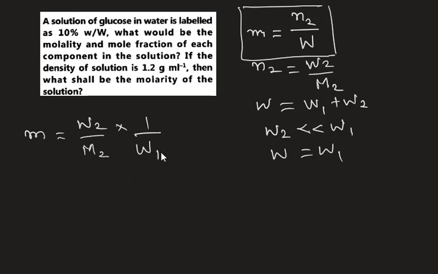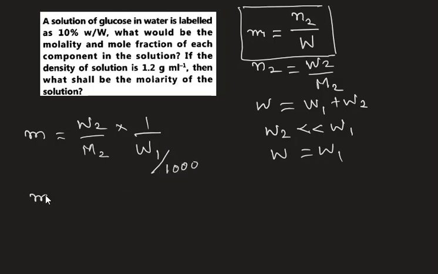So this is in gram, but it should be represented in kg. W1 should be in kg, but here it may be given in gram. So in order to convert this into kg, you have to divide by 1000.